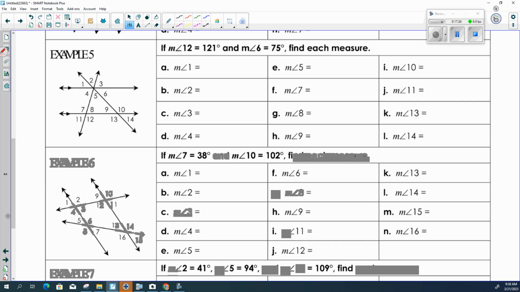Okay, example 5. Mine's going to be really messy because my pen is big ink. Matthew, will you read the directions here by example 5? And again, you read it, the measure of angle.